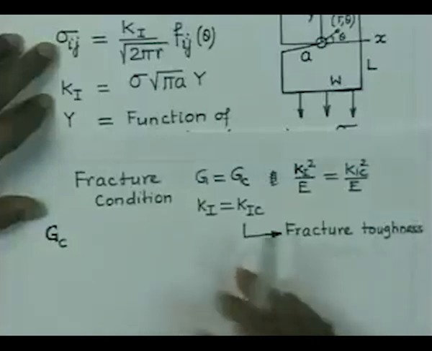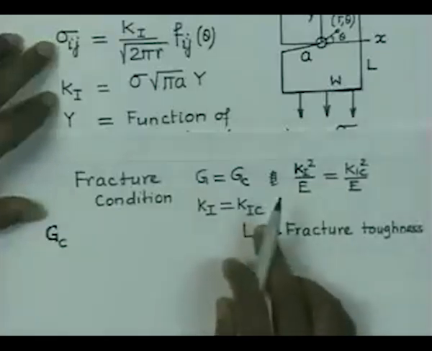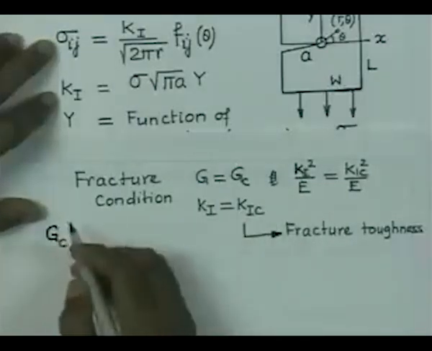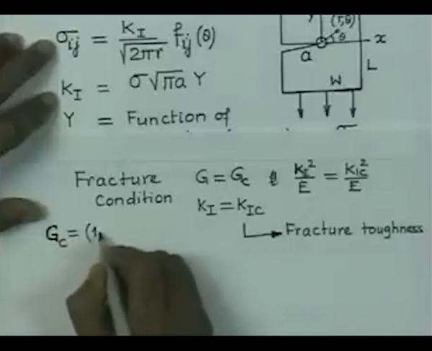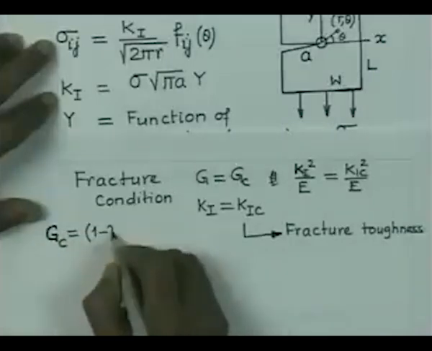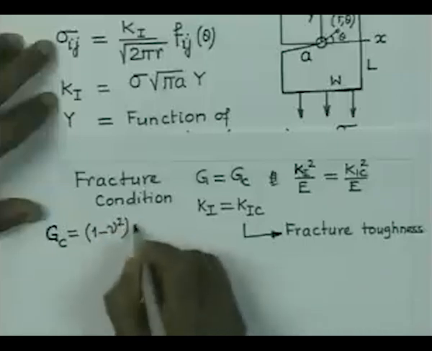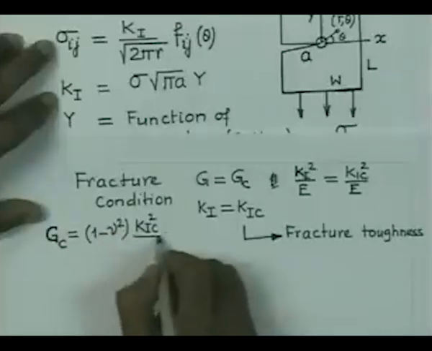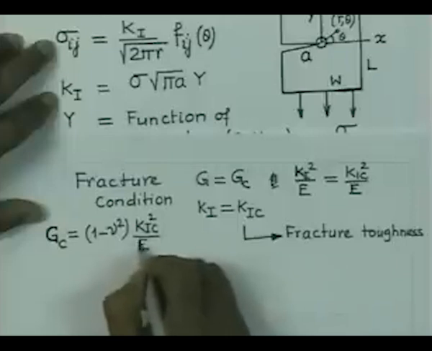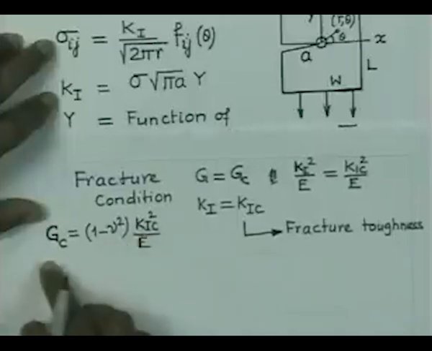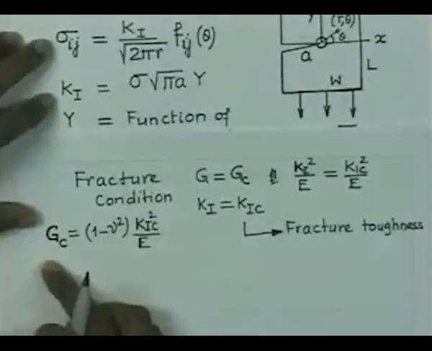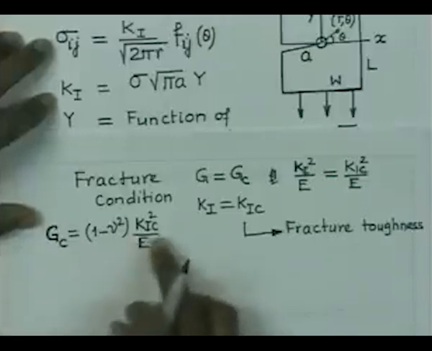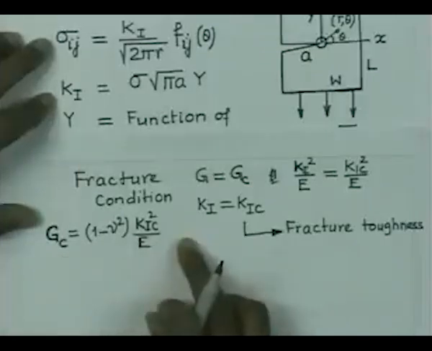How do you determine KIC? We have already got the relation that GC equals 1 minus nu square into KIC square by E for plane strain. So, once you know the value of GC experimentally, from this relation we can find out the value of KIC.